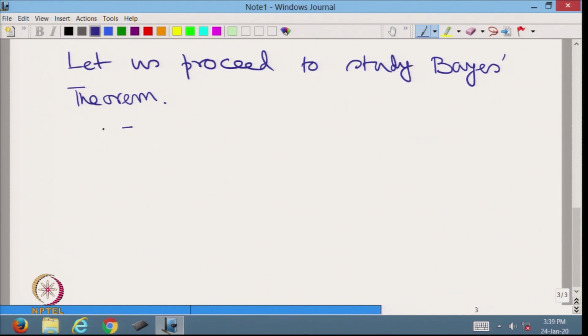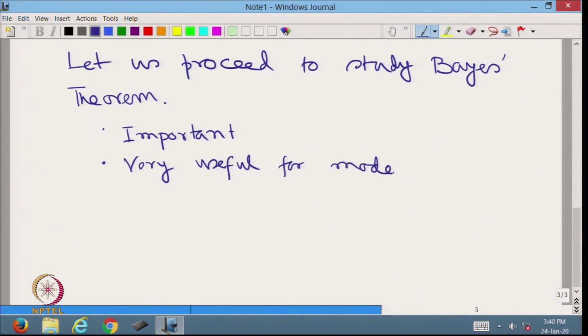It is important, and also very useful for modeling many practical situations.